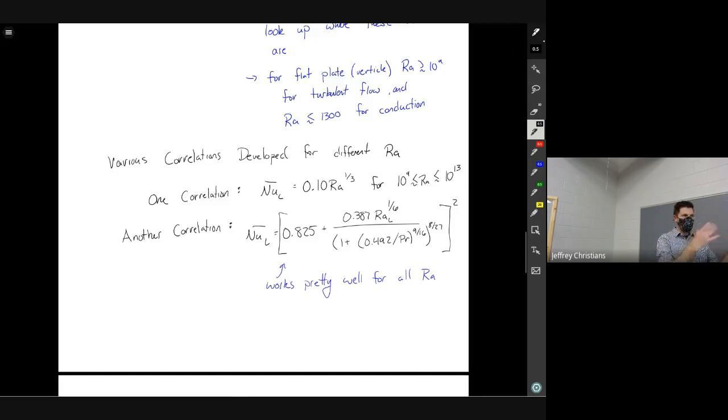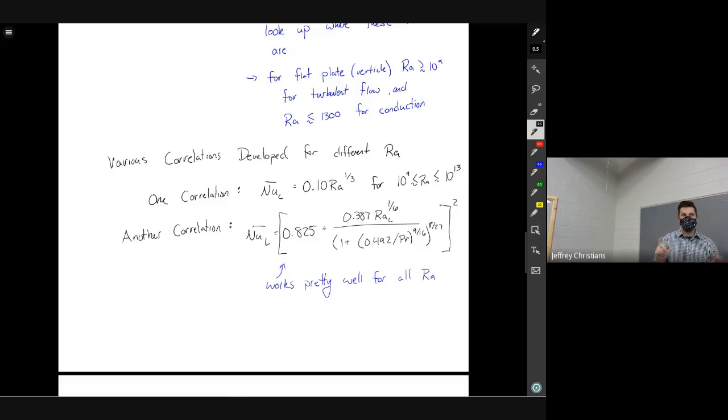So we can go with maybe more basic ones that fit in specific cases. We can get uglier ones that fit maybe more cases, and we can get big and ugly and kind of goofy things. All of those, the powers and all of that stuff, those are fits to experimental data. There's not something magical of fundamental physics that went into building that model, other than the fact that we knew the model had to be a function of Rayleigh number.